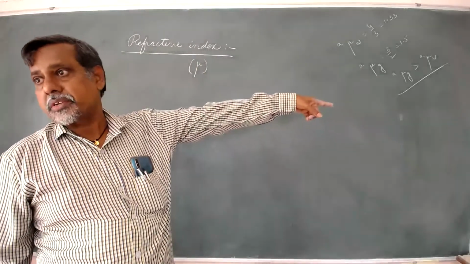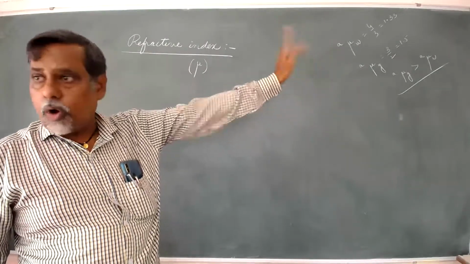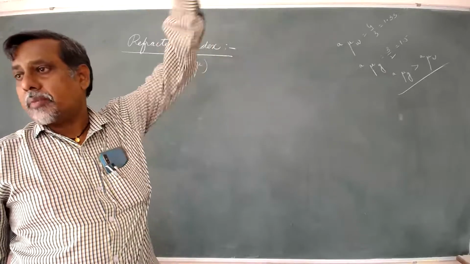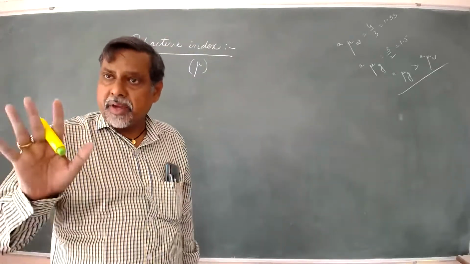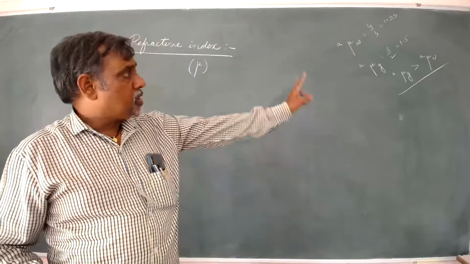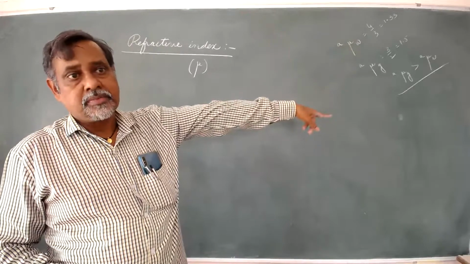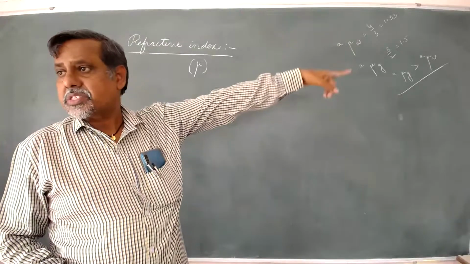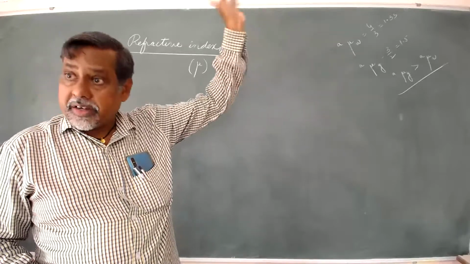Glass is more dense. Both are denser media. For both, air is the rarer medium. Understood? Even though both are denser media, when you compare the densities of these two media, there is a difference. Glass is more dense, water is less dense.